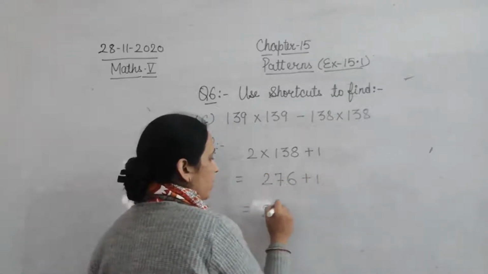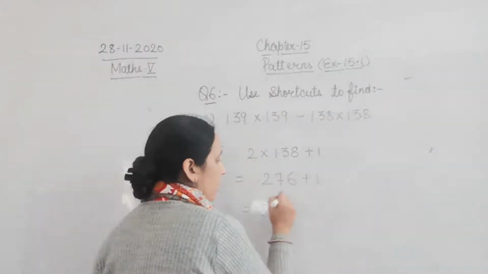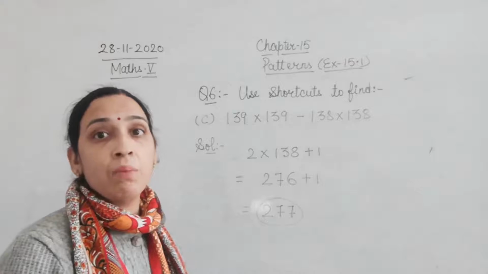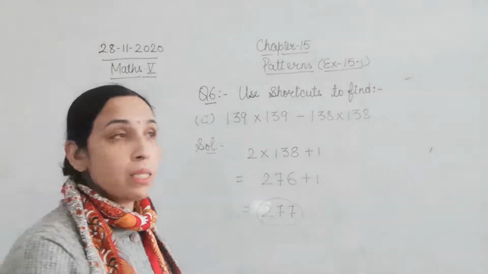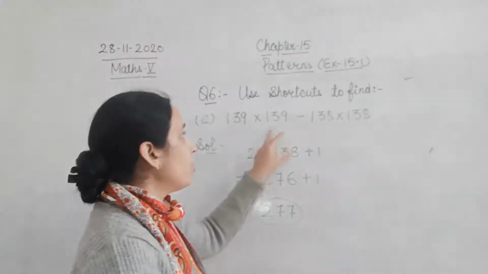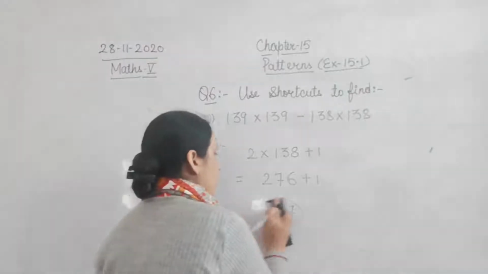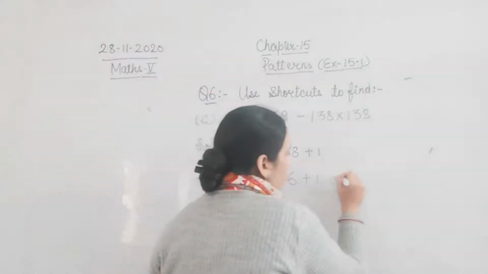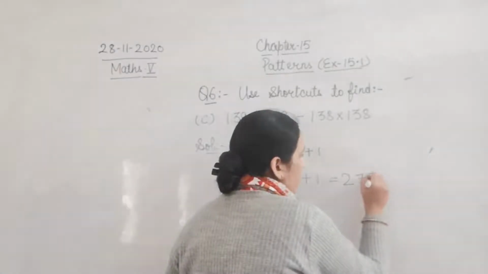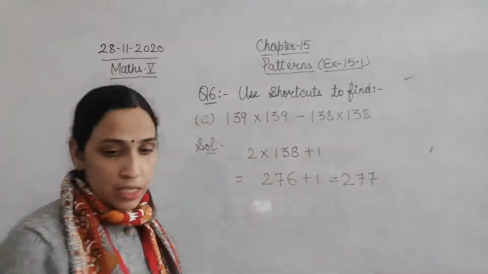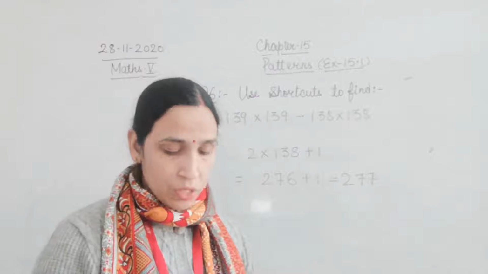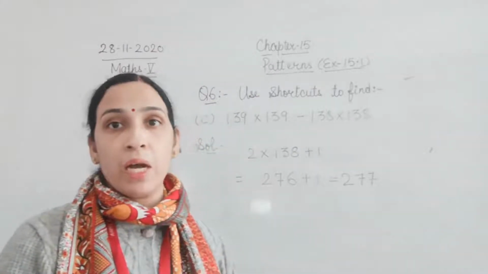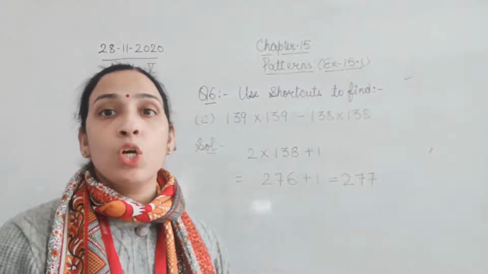So here you will get 277. That will become the difference between the given two square numbers. So that is your question number 6, in which we used a shortcut to find the difference between two square numbers.